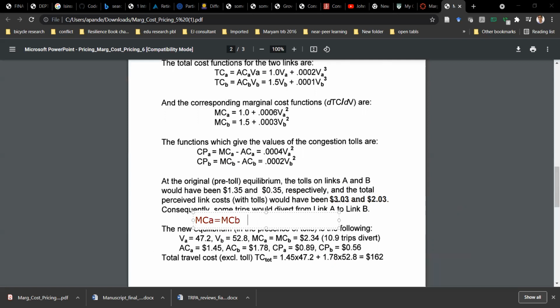And in that scenario, MCA being equal to MCB would mean 1 plus 0.006 VA squared equal to 1.5 plus 0.003 VB squared.